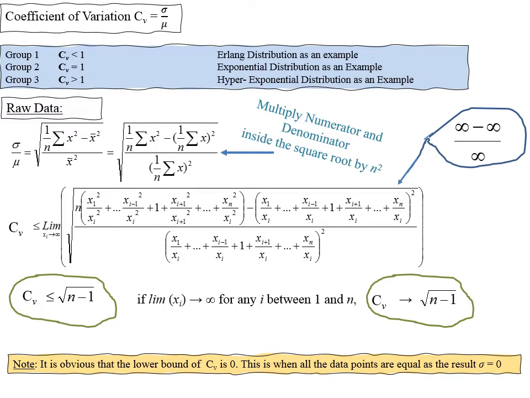In this case, this is easy. We multiply both numerator and denominator by m squared so that the form of both numerator and denominator takes a different shape. Now if we assume that one data value is approaching infinity, certainly if we take the infinity from the start, you will get infinity minus infinity divided by infinity.